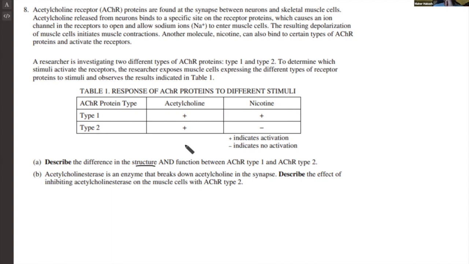Okay, take a minute there. There'll be 1 point for each. So they differ in shape, so there goes your point for structure.